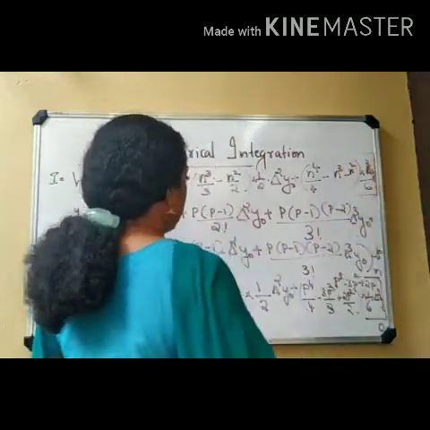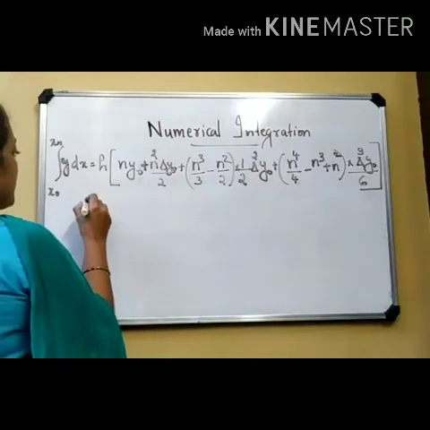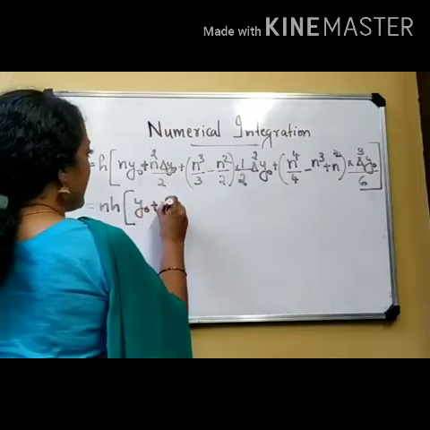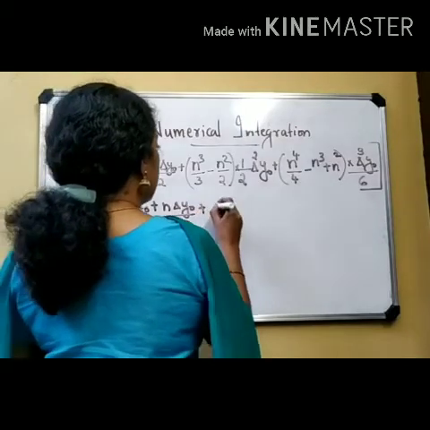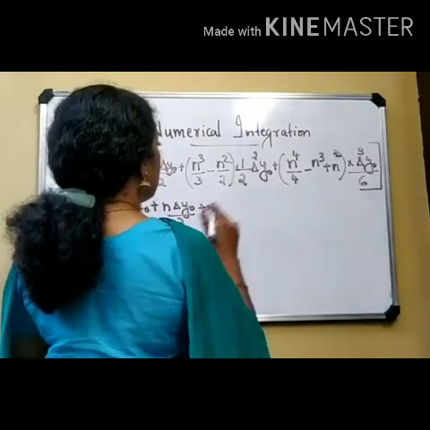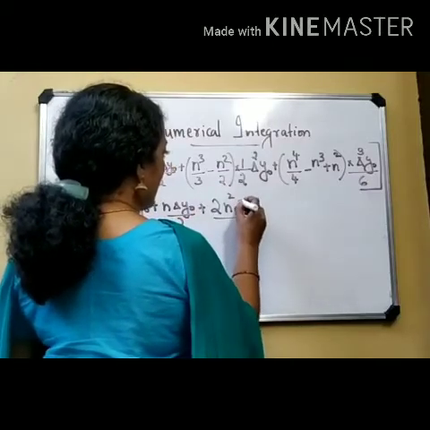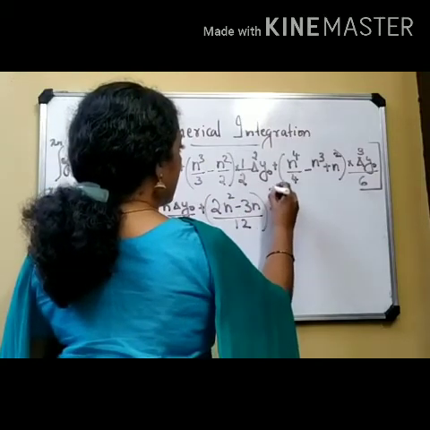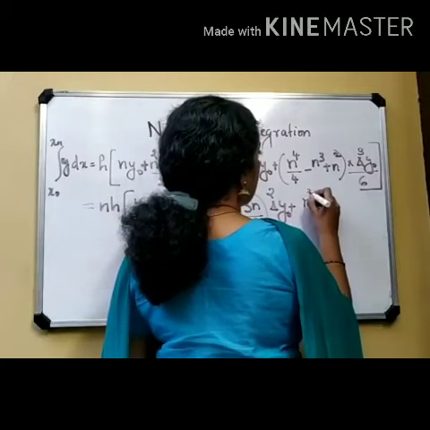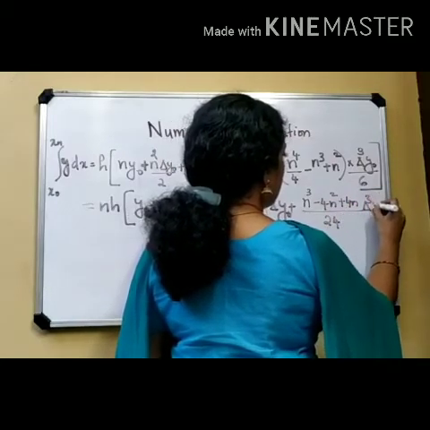So we have applied the limits. Now we may simplify this. n is common in all the terms, so we can take n outside, so that this becomes n times h into y0 plus n del y0 by 2 plus 2n square minus 3n by 6 into 2, so 12, into del square y0, plus n cube minus 4n square plus 4n divided by 24 del cube y0.